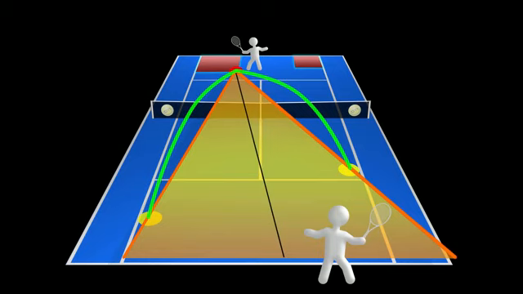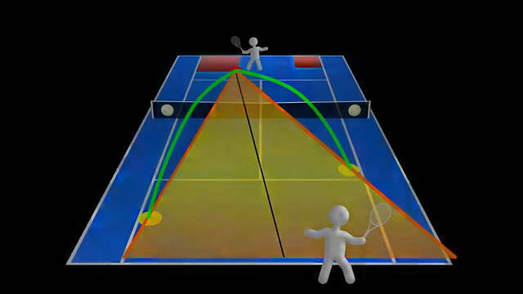And then I should still be alright in order to cover the court for the next shot. So what this basically means is that when you hit down the line, your margin for error is much smaller, you have a smaller target for the optimal area, and you have to be much more precise in order to make it worth your while to hit down the line.